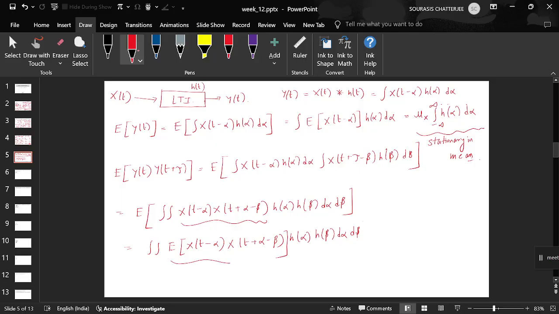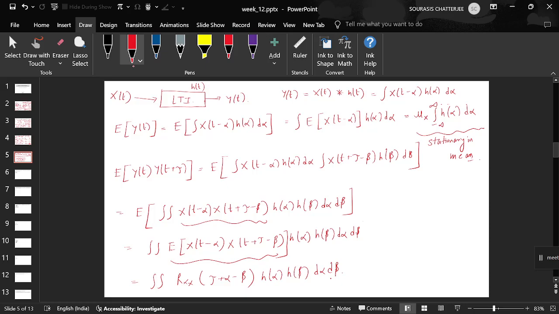Here we can see this is nothing but the autocorrelation function of x, which is already wide sense stationary. So that is basically the difference between these two time instants, which turns out to be rx. Sorry, it should not be alpha here, it should be t plus tau. So it is rx of tau plus alpha minus beta, times h(alpha) h(beta) d alpha d beta.